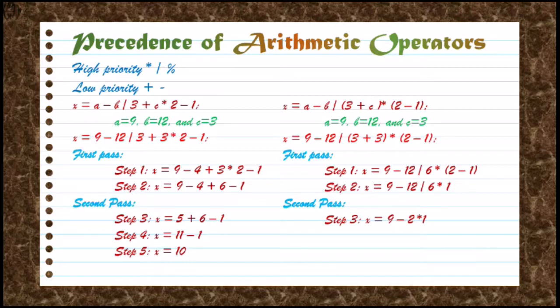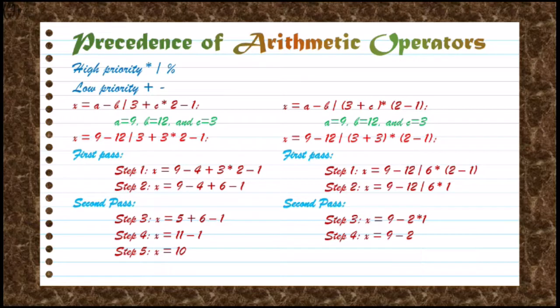So in step 3 the equation will be x equal to 9 minus 2 into 1. Next, again solve the multiplication operation, that is 2 into 1, and 2 into 1 is 2. So in step 4 the statement will be 9 minus 2.